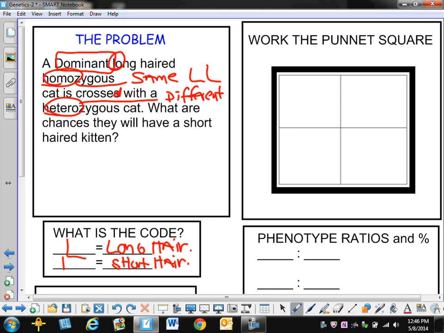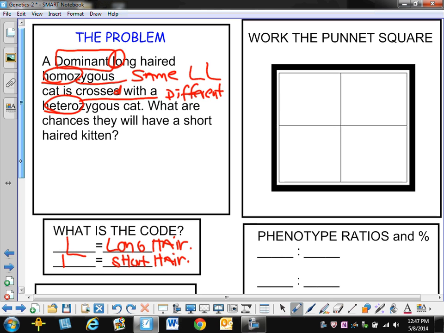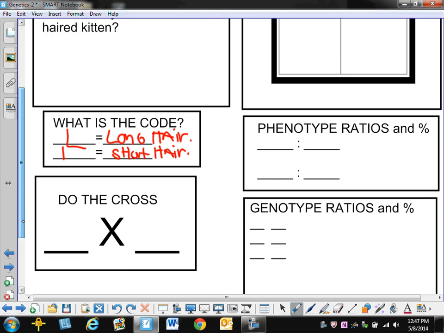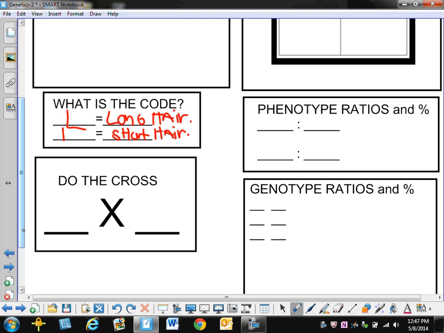So a heterozygous cat crossed with a homozygous cat. Let's do the cross. What goes here? Big L, big L. It's homozygous, so it has to be the same. This one is heterozygous, so it's going to be big L, little l.